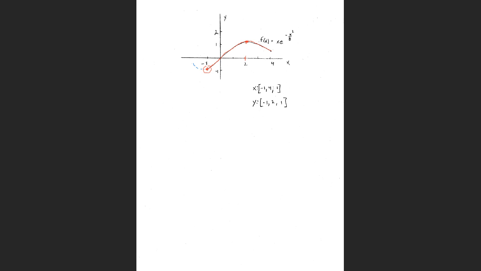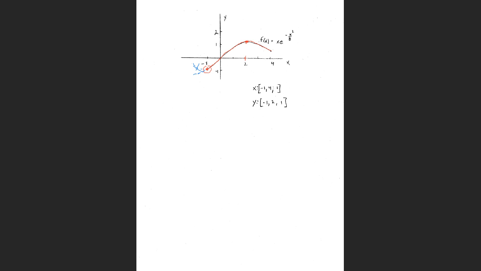But in fact, the function doesn't do that. The function keeps going down. So that's why you can't say, just because you have an absolute minimum, that it is a local minimum.